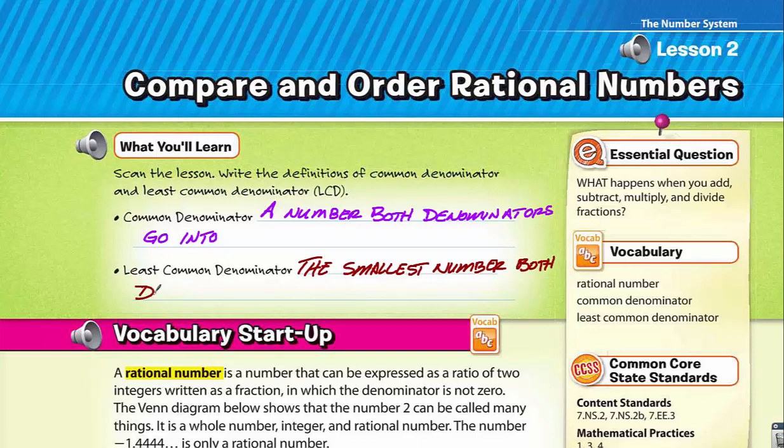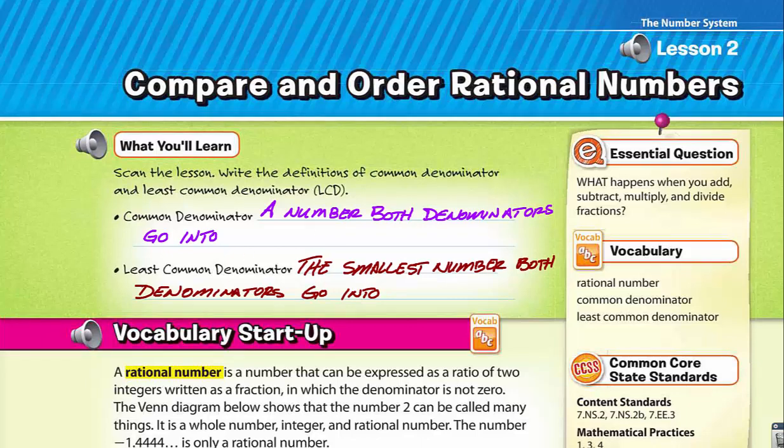And the reason why we use the least common denominator is that it just makes the work easier to do. Just the same reason why we simplify fractions. It makes it easier to understand.